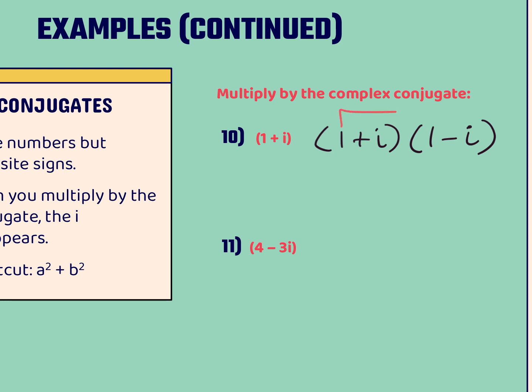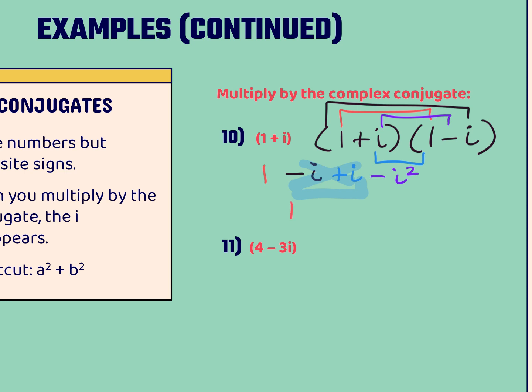So first is 1 times 1 is 1. Then the outside, 1 times -I is -I. The inside, positive I times 1 is positive I. And then finally, last, -I squared. So again, notice the inside, or this middle, cancels out. I still have the 1.